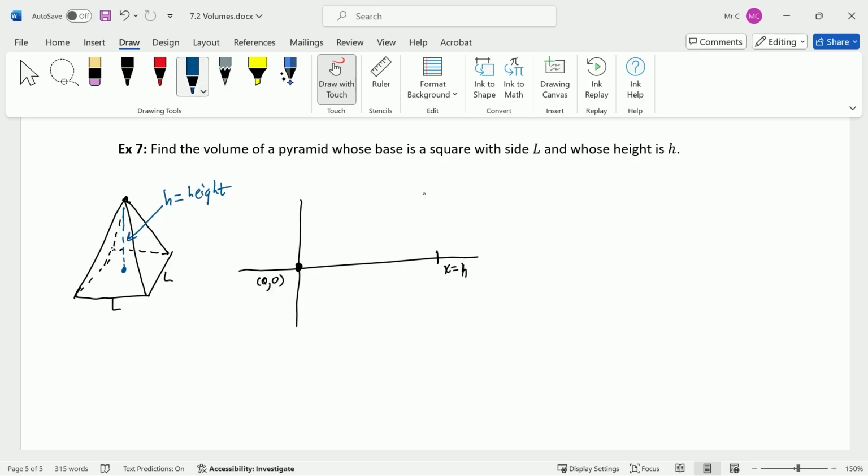So the idea is that our base is down here, the point is here. So that's our pyramid. What I want to figure out is, how do I get an area formula for these cross sections?